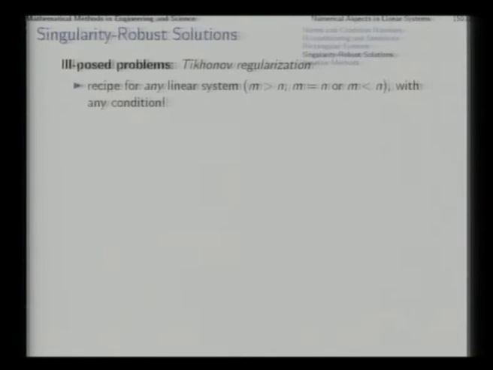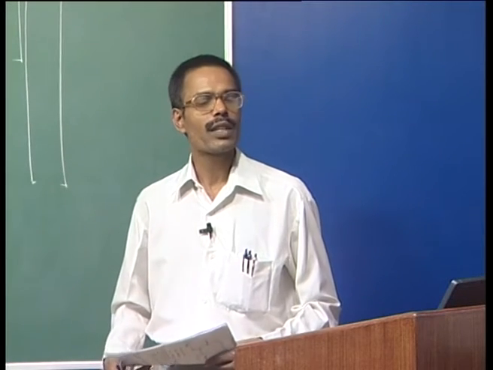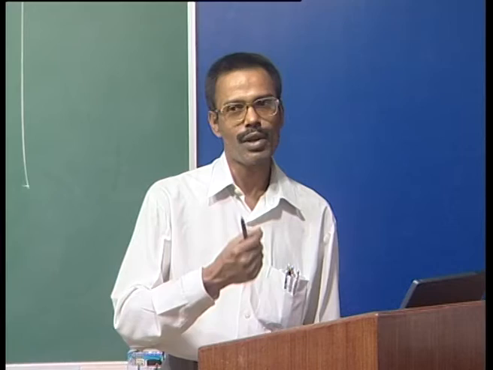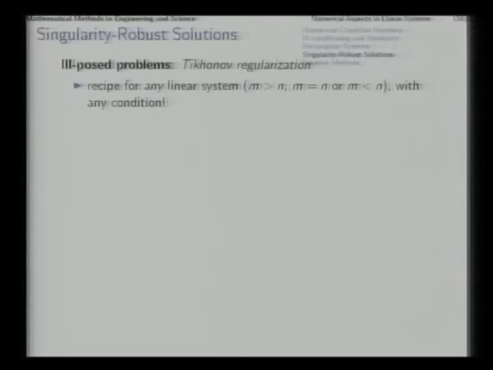This is the situation quite often encountered in ill posed problems, in which the statement of the problem is not enough, not completely clear, and in that situation we still can find out a solution which is a very good working solution and which is quite robust, not so sensitive, and that is called the singularity robust solutions.